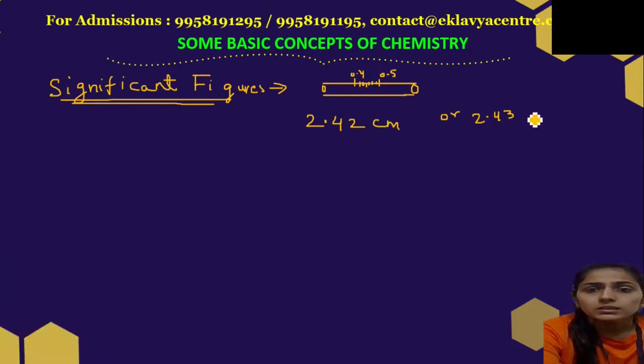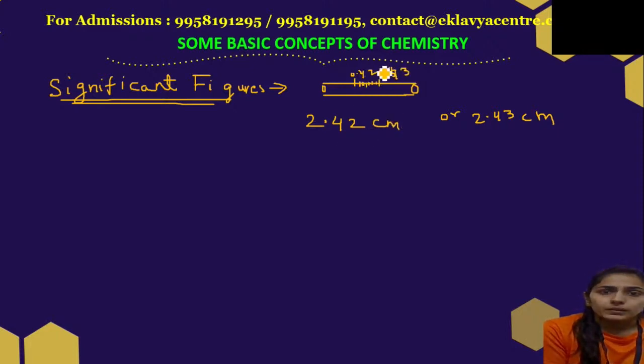So we cannot surely say that the value will be 2.42 centimeter only. It could have been 2.43, right? 2.4 and 2.5. So it could have been here or here.